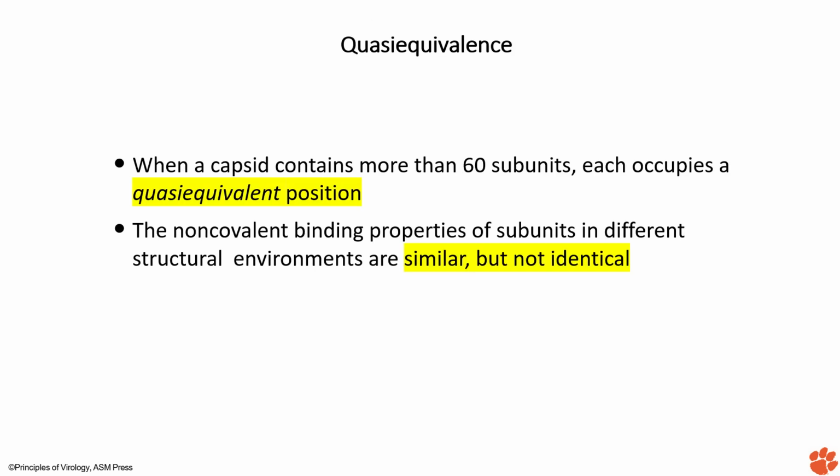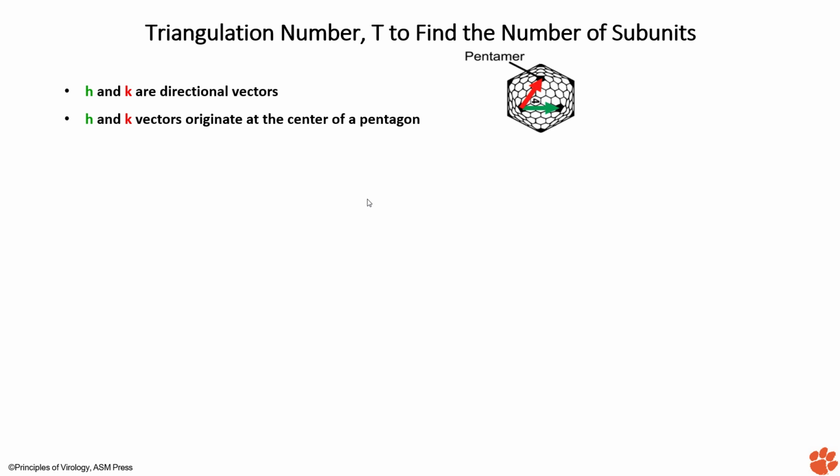Now, when a capsid contains more than 60 subunits, each occupies a quasi-equivalent position. So only in T equal to 1, where the subunit is made up of just one protein, the parvovirus example, do you not have any quasi-equivalence. Anything bigger than that, you have to have quasi-equivalence. Structural environments are similar, not identical.